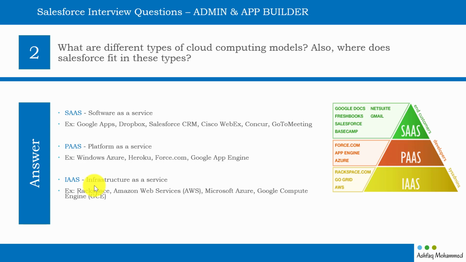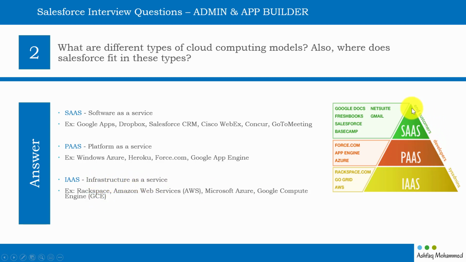The best example, if you want me to take, is Amazon Web Services, right? You can use their services, you develop your application wherever you want, in whichever language you want, and then you use Amazon's resources to host your services, right? So Rackspace, Amazon Web Services, AWS, Microsoft Azure again, and Google Compute Engine are the different examples for infrastructure as a service.